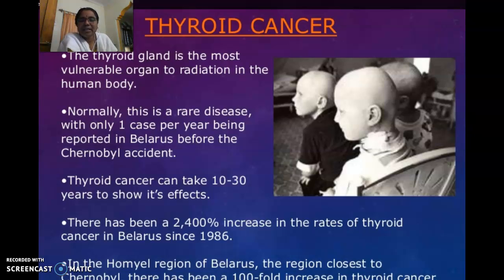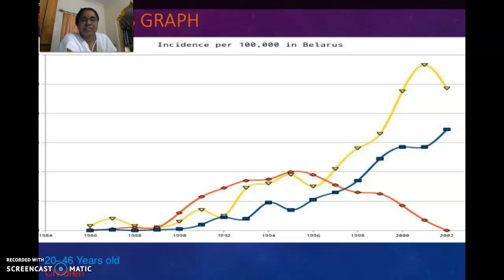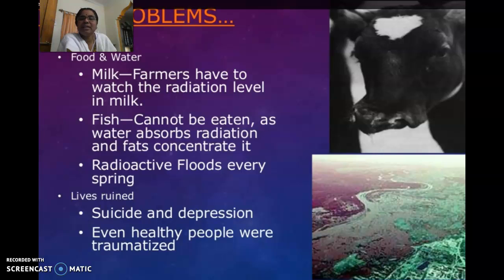After this accident, there has been a 2,400% increase in the rates of thyroid cancer in Belarus since 1986. In the Gomel region of Belarus, the region closest to Chernobyl, there has been a 100-fold increase in thyroid cancer. This is the graph showing how drastically it has been increasing.